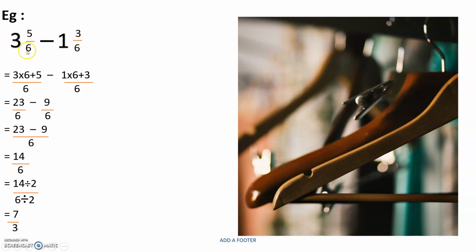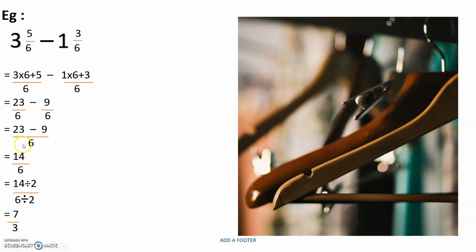So 3 into 6 plus 5 minus 1 into 6 plus 3. See here, upon 6, these denominators we keep as they are. So 3 sixes are 18. 18 plus 5 is 23. 23 upon 6 minus 1 six is 6 plus 3 is 9, 9 upon 6. So 23 minus 9 upon 6 gives you 14 upon 6.